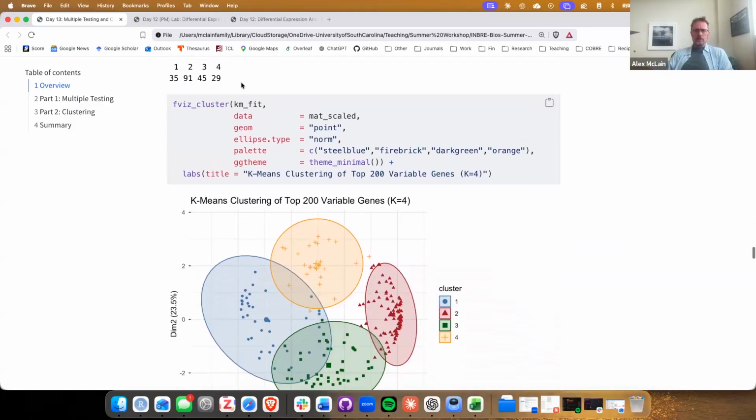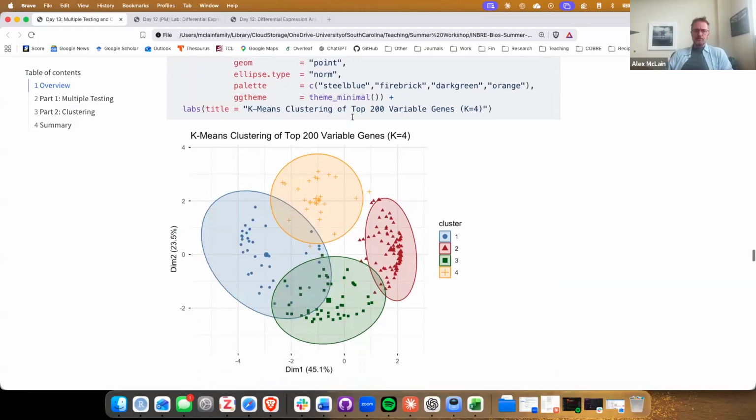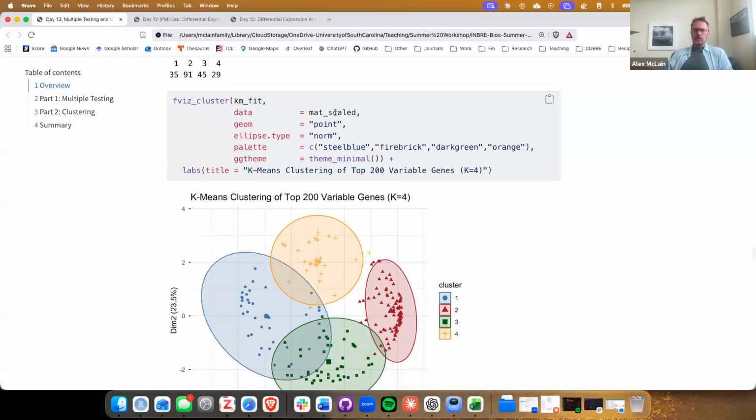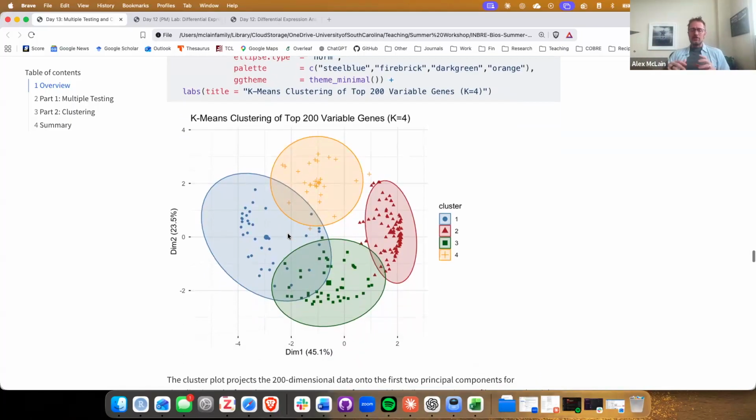And this is a visualization of the k-means clusters. The data that we give it has 200 genes, 8 subjects. To visualize this, we're not visualizing it across all 200 genes. We are doing principal components, something we'll talk about tomorrow, to summarize those 200 genes into 2 dimensions that explain a lot of the variability.